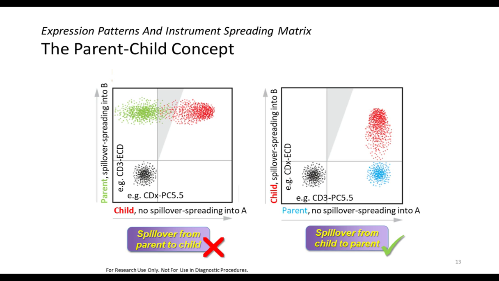We will not be able to distinguish between those. So what we end up with here is a loss of sensitivity for those low expressors.